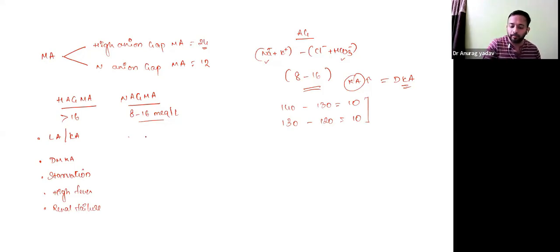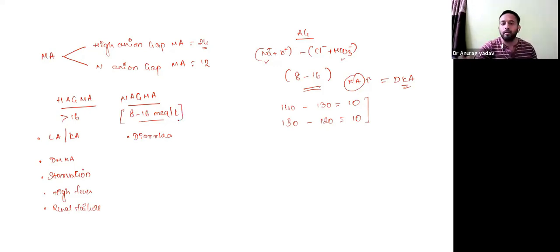Like in the case of diarrhea, you are losing the bicarbonate, and you are also losing some amount of sodium. So both are lost relatively equally. The cations are lost and the anions are lost. Hence, there is not much difference between the anions and cations, and the anion gap remains the same or similar, and will fall within the normal range.